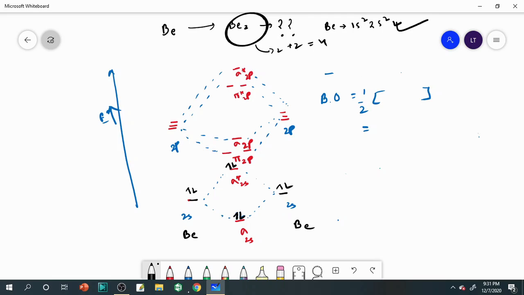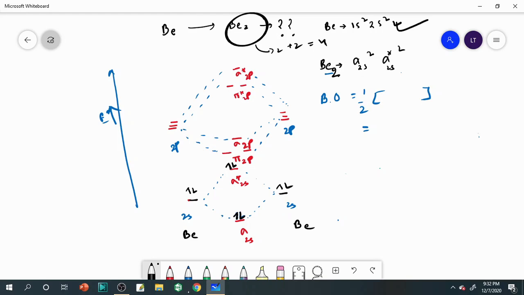For example, the Aufbau principle, Pauli exclusion principle, Hund's rule of maximum multiplicity, all these are valid here. So we are following all those principles which are valid for the atomic orbital, and these are also valid for the molecular orbital, for writing down the electronic configuration of the electrons in the molecular orbitals. So the Be2 molecule has the electronic configuration sigma 2s2 and sigma star 2s2.